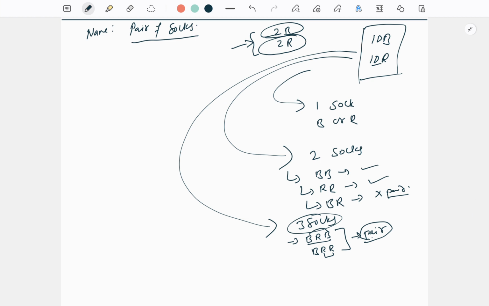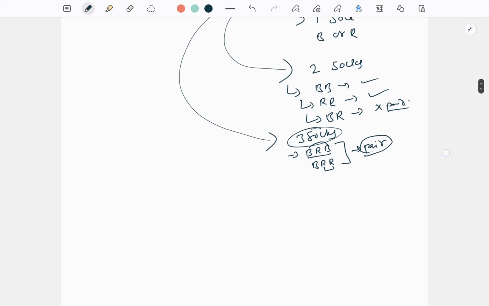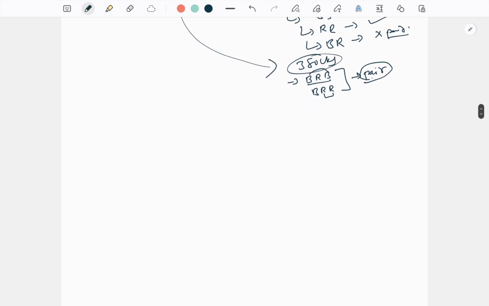But there is another way to solve this problem. The solution is known as the pigeonhole principle. Now what does this principle say?